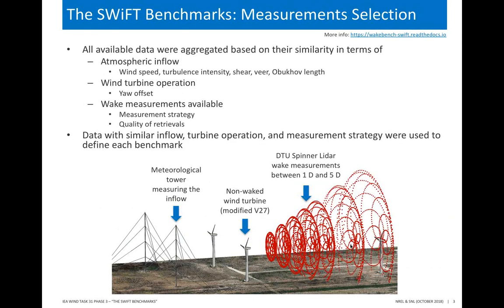So this here shows you the layout of the site and the instruments that we're going to be using for the benchmark. So the data are collected upstream of the wind turbine with a met tower that measures the inflow when the flow is from the south. And then we're going to be focusing on one of the three turbines, which is a modified Vestas V27.